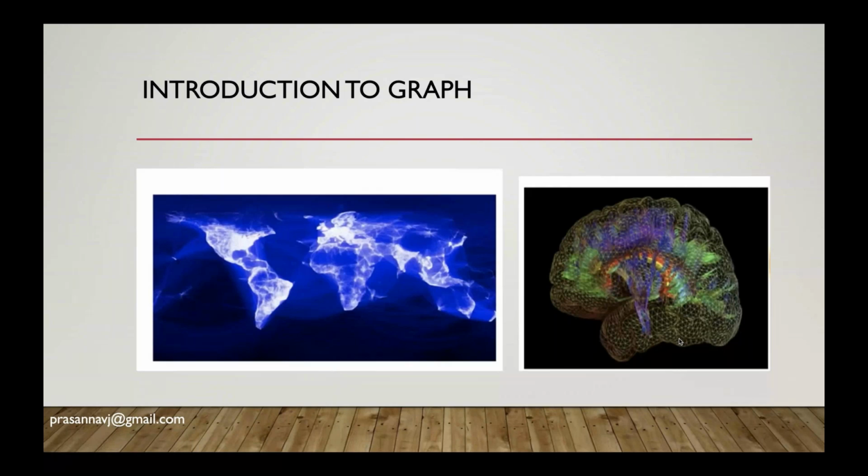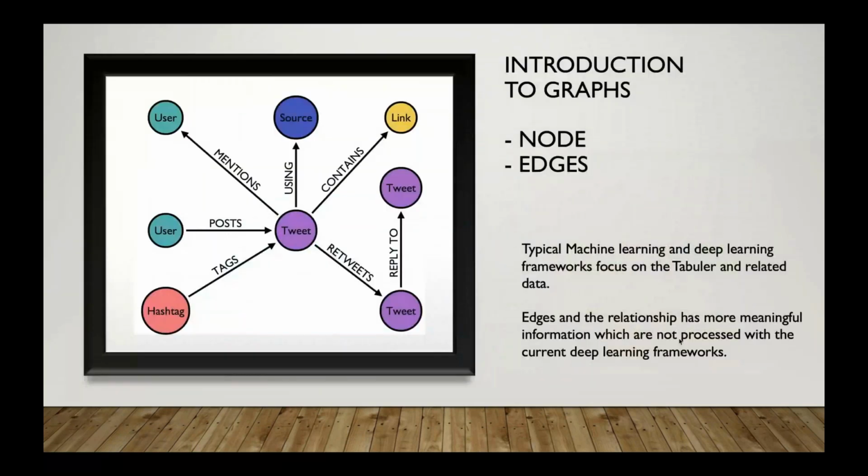I'm sure most of us have a very high level familiarity with what a graph is. Let us quickly have an introduction of the graph and its representation, and how the graph helps us in the whole process.